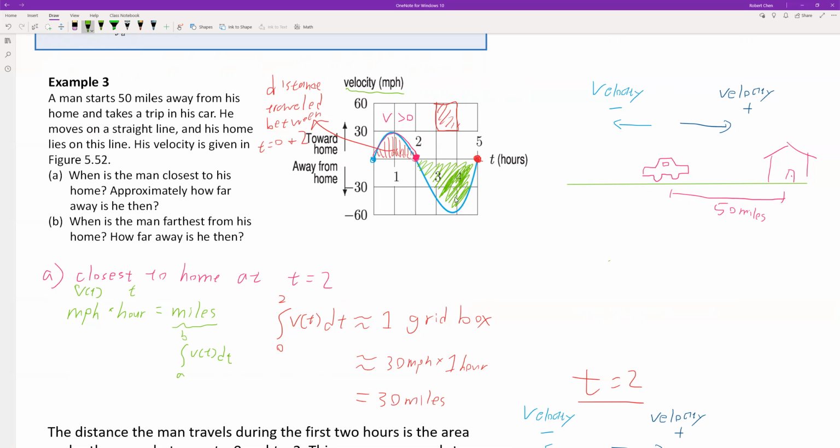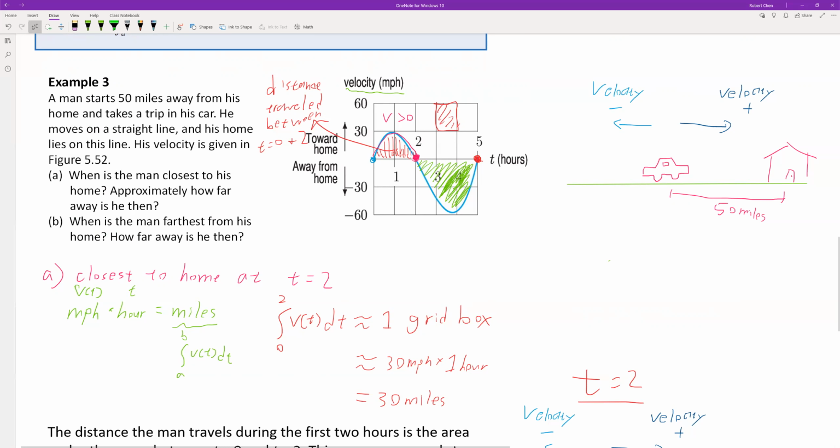So for part B, he is furthest away at hour 5, because he has been traveling away from the house between hour 2 and hour 5. And how far away is he? That's something we have to work out by approximating the area in grid boxes. That's about 1, 2, 3, a little more than 3. Let's just say it's 3.5.